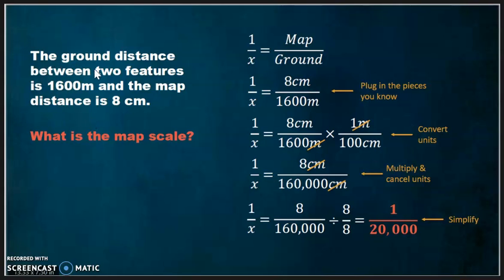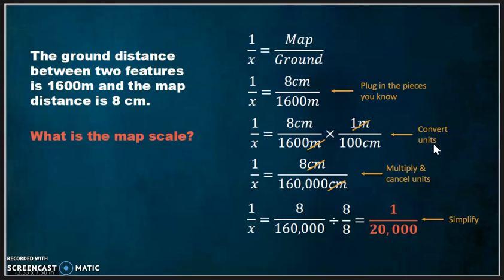So here we have the ground distance between 2 features is 1,600 meters and the map distance is 8 centimeters. So we're plugging that in. So here is our map distance, 8 centimeters, to our 1,600 meters, and we are going to be solving for x to find that map scale or representative fraction.